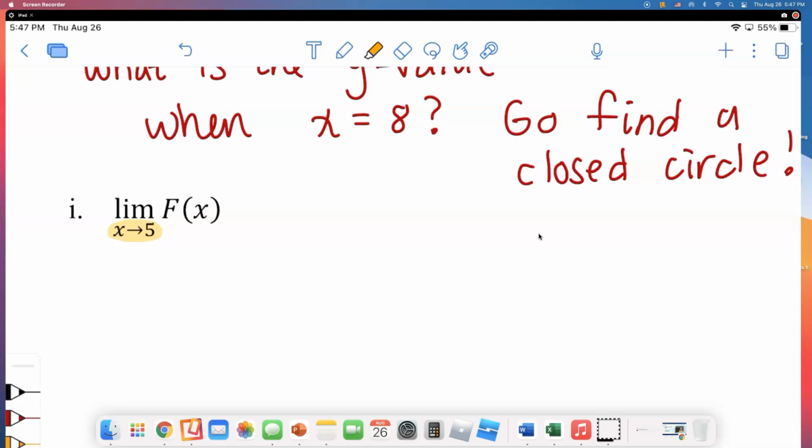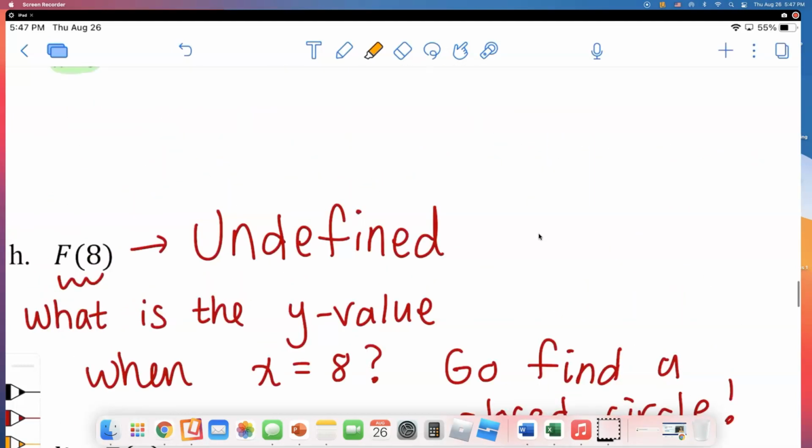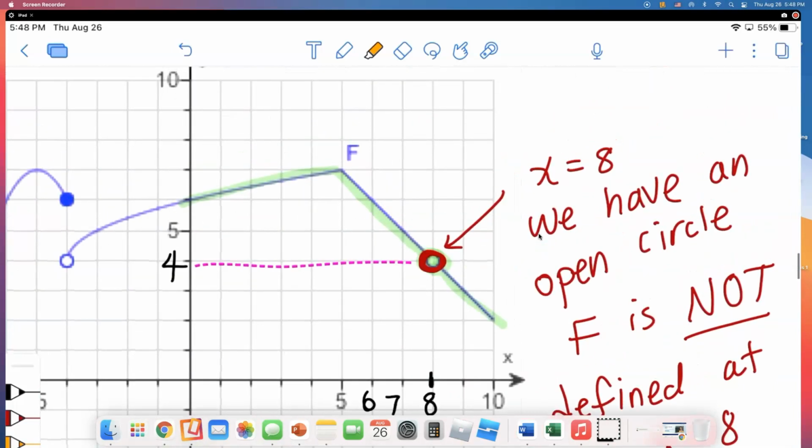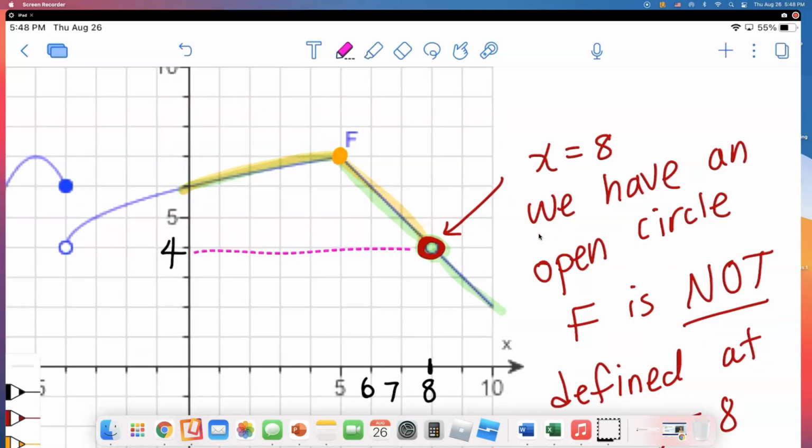So let's go look at that important point, x equals 5. All right, x equals 5 is right here. Okay, so from the left of 5, I'm going to this point. From the right of 5, I'm also going to that point. It's the same.